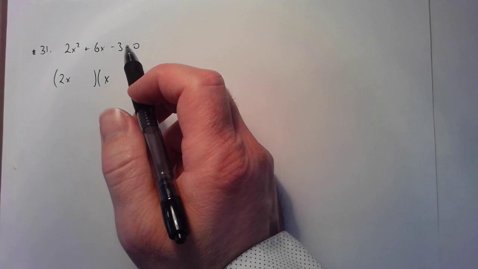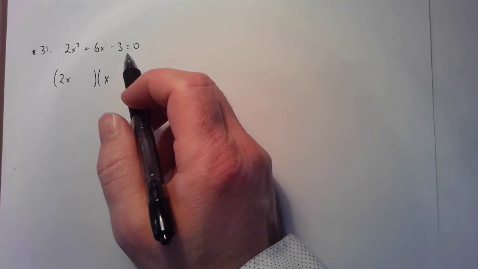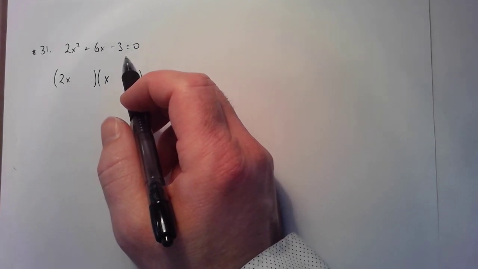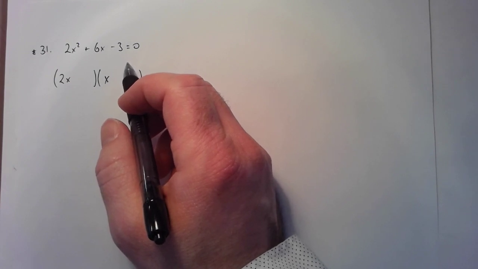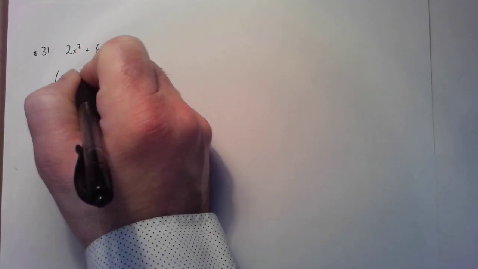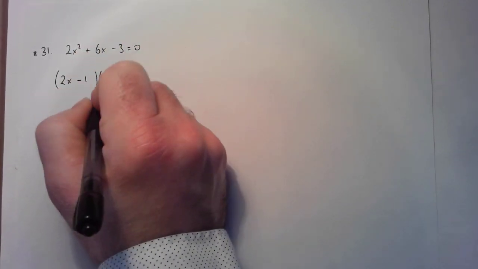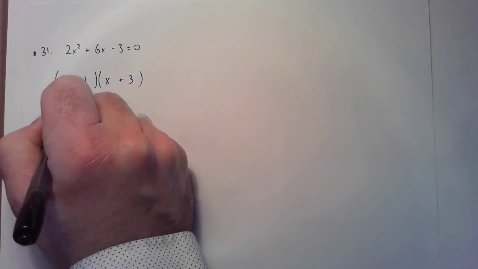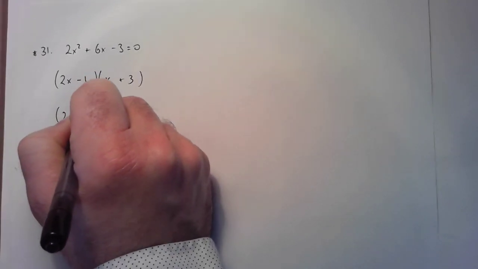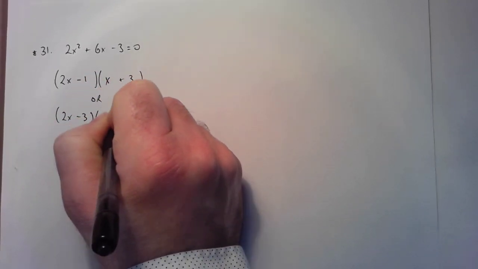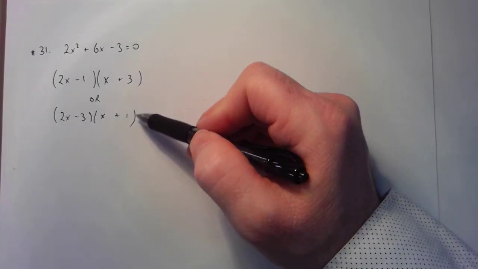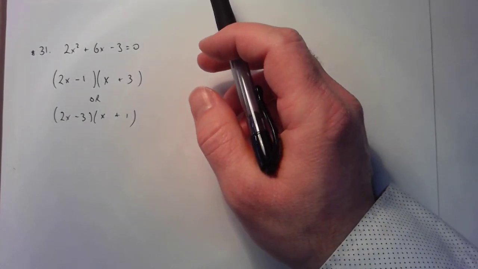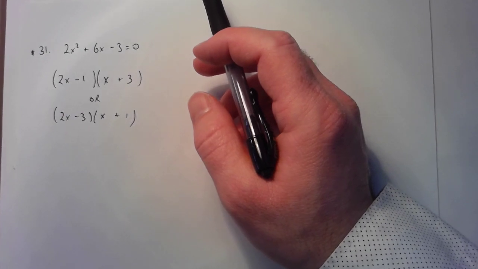There's only 2 ways to get -3: -1 times 3 or -3 times 1. So there's only 2 options. And the question is, are either of those correct? Because if not, there's no way to factor this.